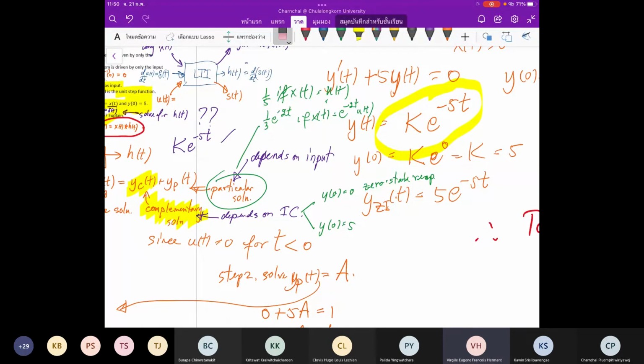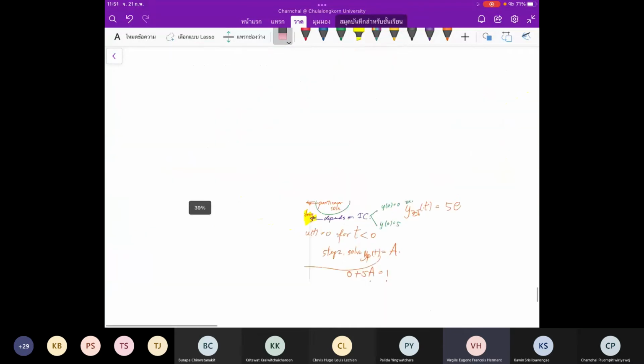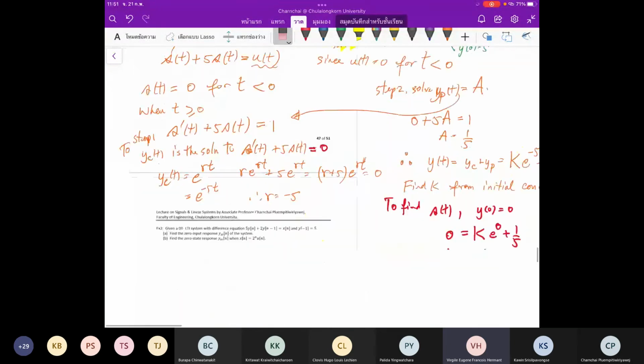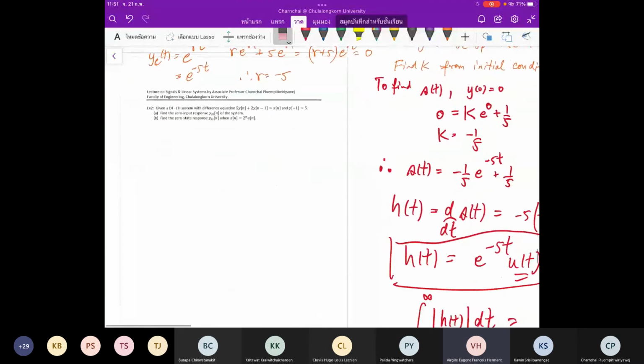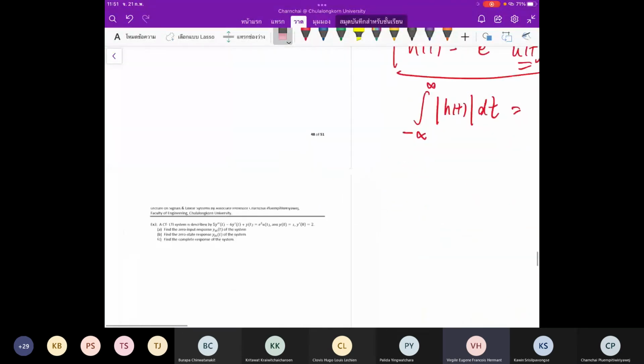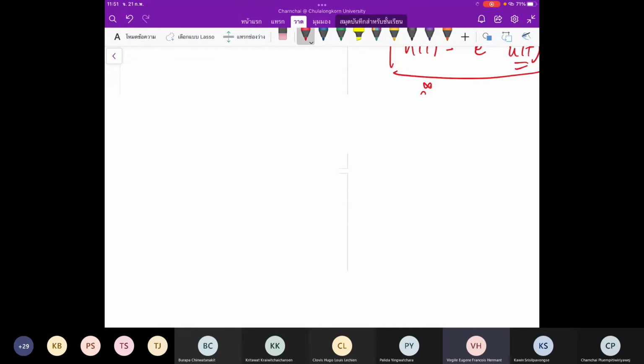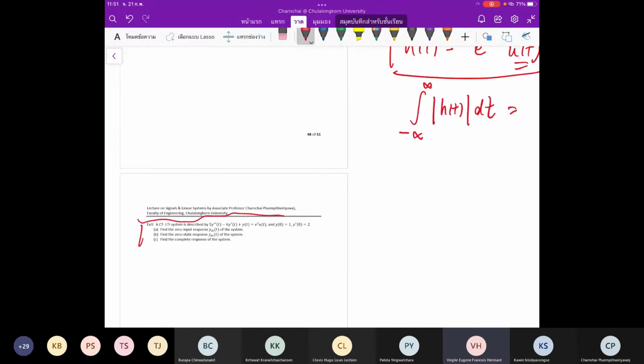Maybe I'll summarize it a little bit better next time. Then we need to do discrete time systems, but I think I'll skip that. Next time I'll explain this one instead, the second order.